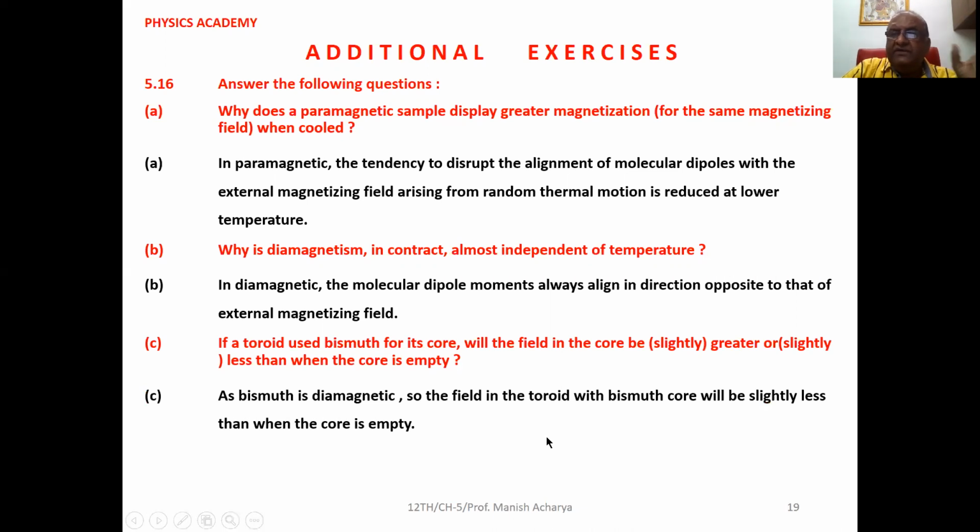So if we use bismuth as the core of a toroid, then we know that for a diamagnetic substance placed in an external field, the magnetic field inside it decreases. So it is slightly less than when the core is empty. Clear up to this?